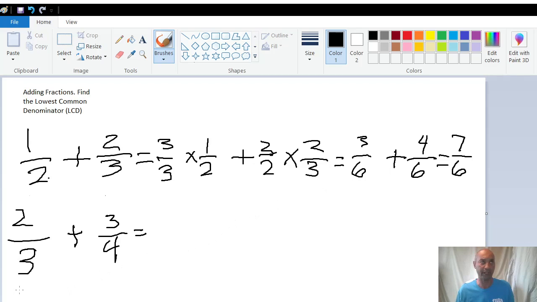So then you can write out 6, 9, and 12. And then over here we can go 8 and 12. So we found the lowest common denominator is 12.